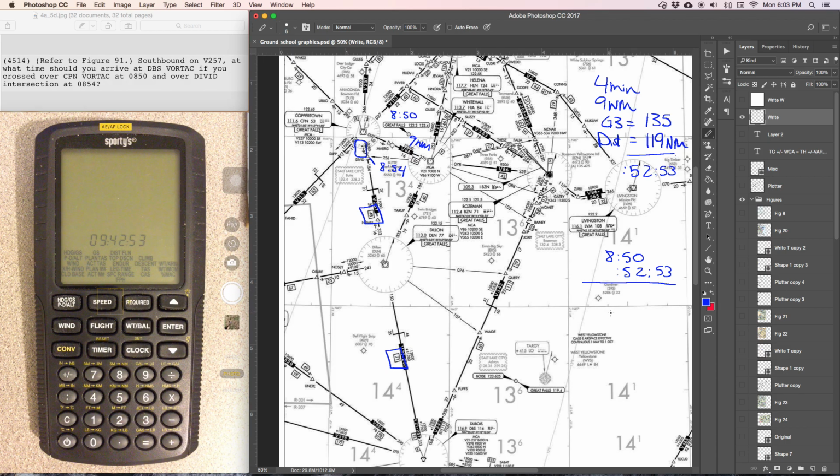So the total time en route is going to be 52 minutes, 53 seconds. If we start at 8:50, we will arrive at 9:42:53. And that will be the answer.